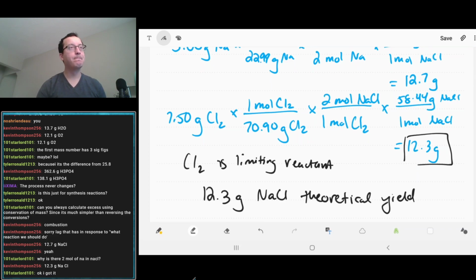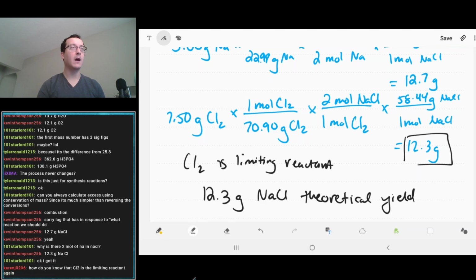So, questions on that one? Again, same idea. When you have the masses of 2 reactants, you're going to want to calculate for both of them and see what you get. It's the one that led us to the smaller number.